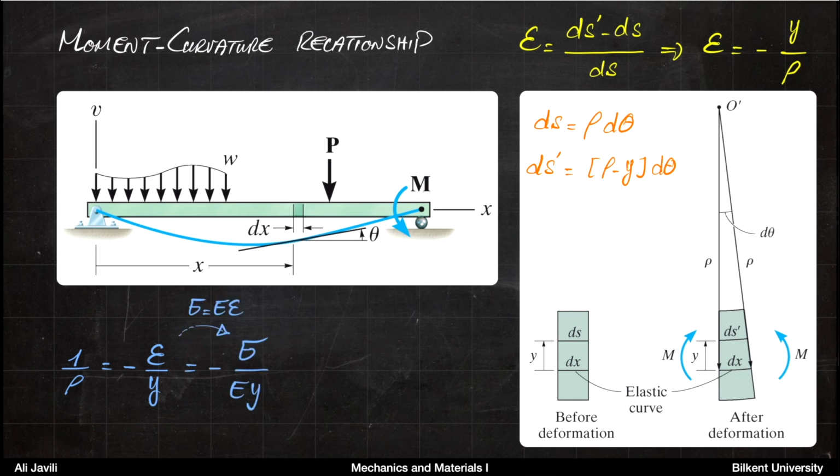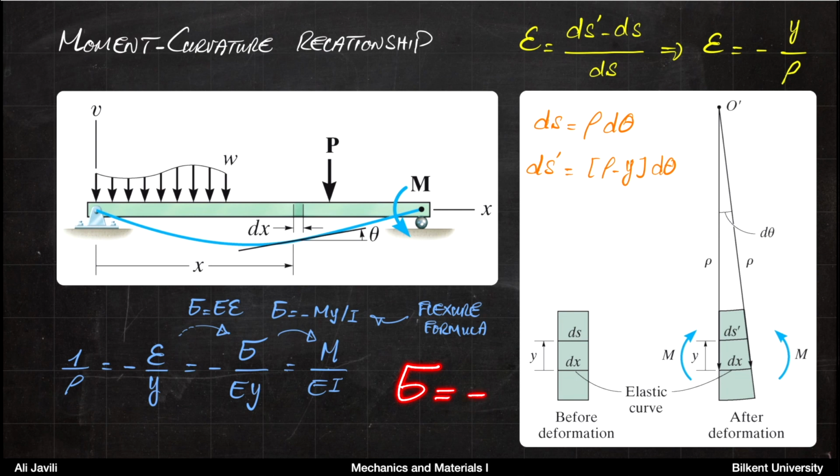Now, if we use the material law, the constitutive law sigma equals E epsilon, you can write epsilon as sigma divided by E. And then if you use the Flexure formula that we derived in the last lecture, we proved that the Flexure formula reads sigma equals M divided by I times y, and y is the coordinate measuring the distance from the neutral axis.